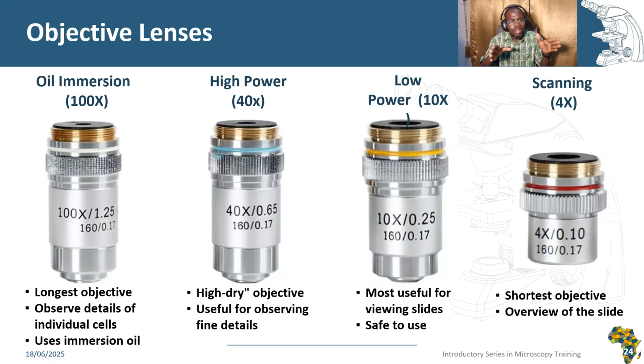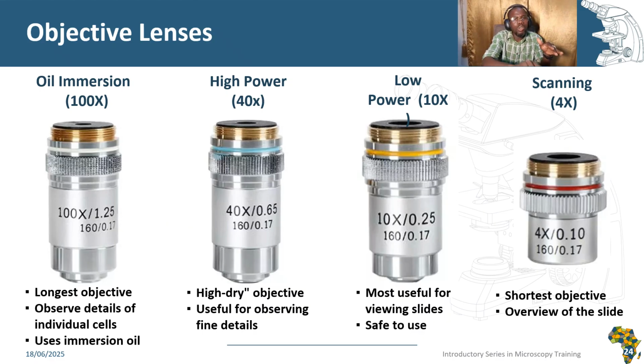The high power magnifies a specimen 40 times its original size. The low power magnifies the image 10 times its original size. The scanning magnifies the image 4 times its original size. So the magnification is written on the respective four types of objective lenses.